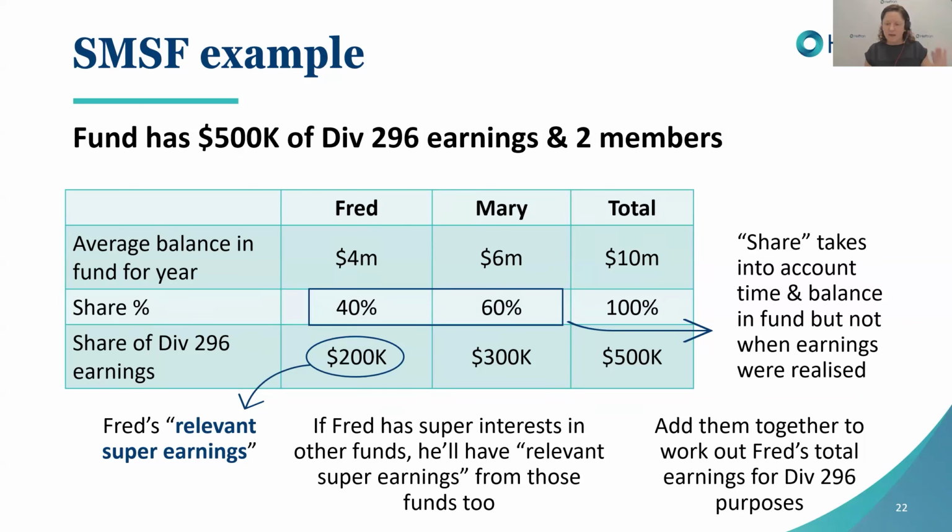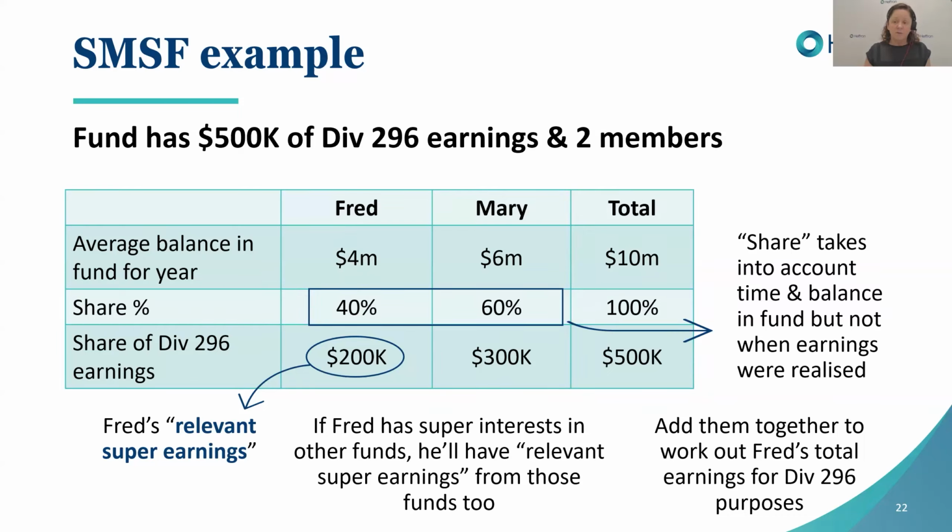Now, I said that big capital gain that was crystallised was earned by the fund whilst Fred was the only member. For the fund's actual earnings allocation, he'd get all of that capital gain. When we're divvying up our Div 296 earnings, which will include that capital gain, Mary's going to get a share of it.